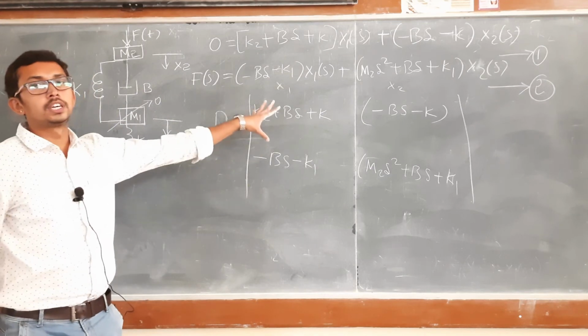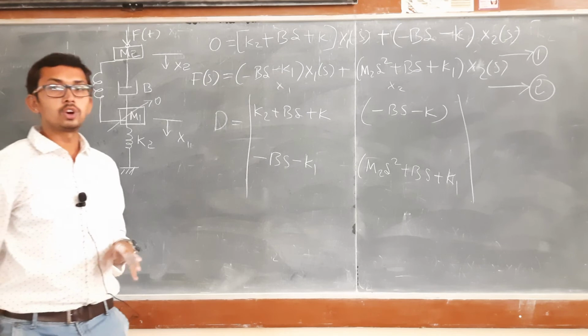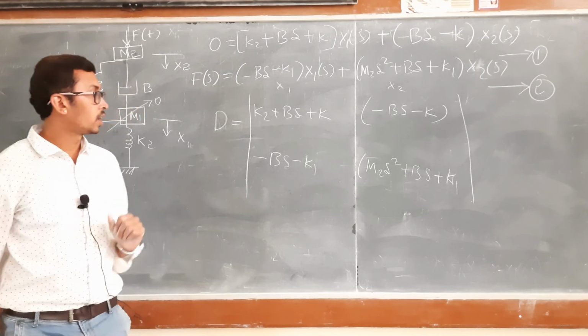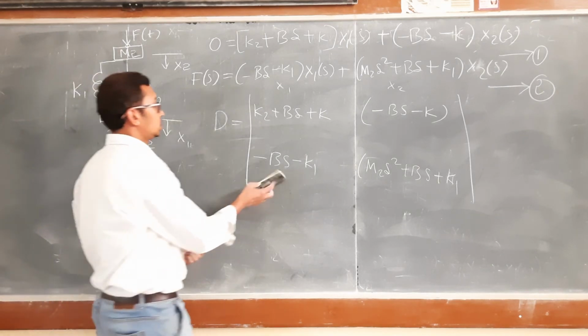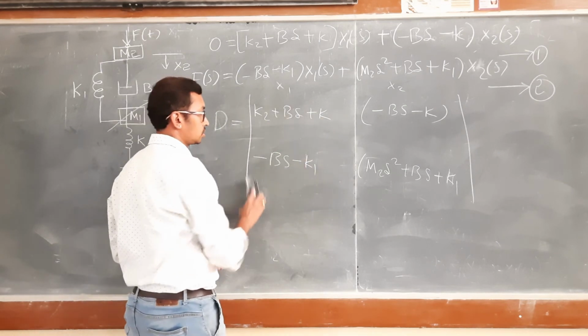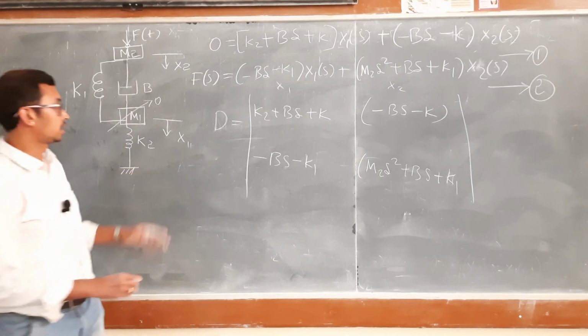I hope you can find out the determinant of this one. Okay, so if I need to find out x1 of s, then what I need to do? I am supposed to replace the first column. So this is the first column. Let me write this one, then you won't get any confusion.